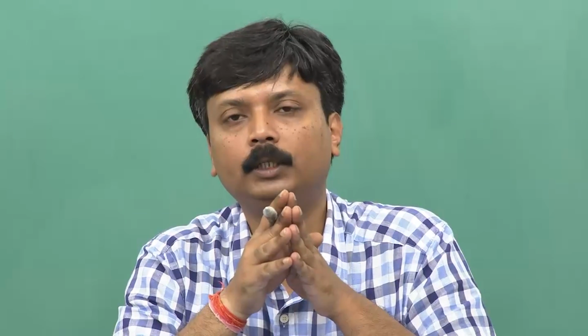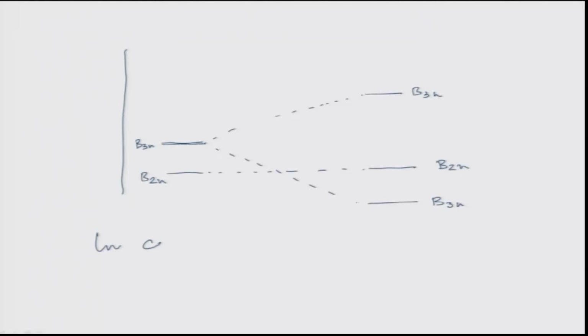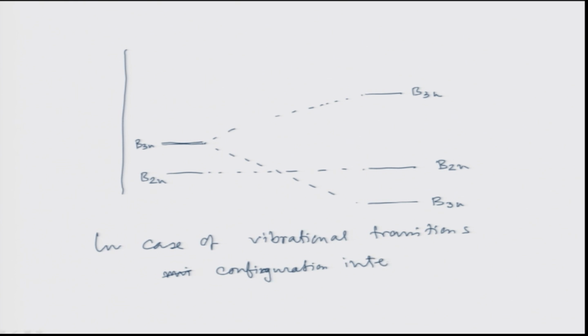We are not going to talk about these things in detail, but I will just mention that in the case of vibrational transitions, such mixing, or rather configuration interaction, leads to a very exotic phenomenon. This is called Fermi resonance.